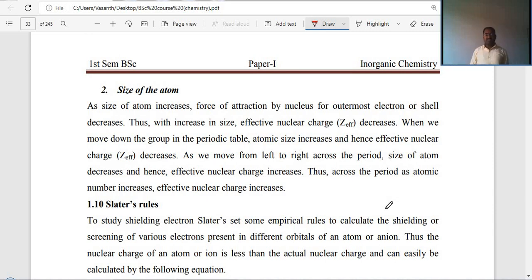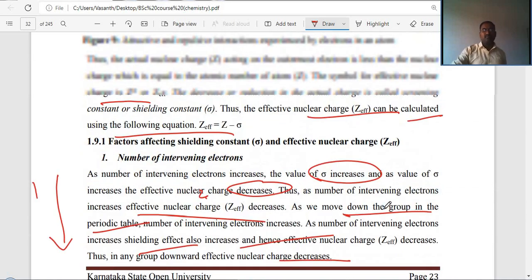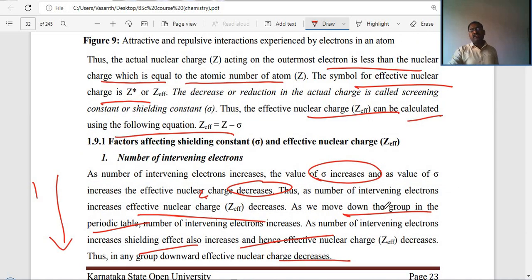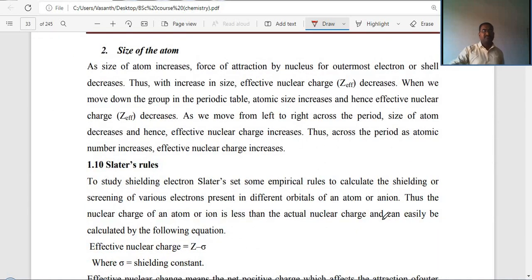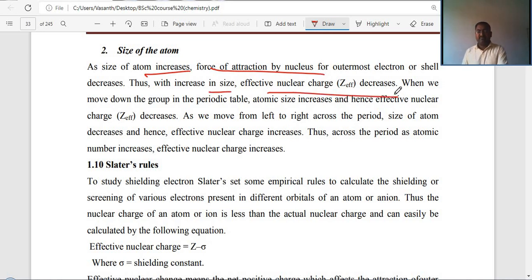What about the size of the atom? It affects the shielding constant and effective nuclear charge. As the size of the atom increases, the force of attraction by the nucleus for the outermost electrons or shell decreases. Thus, with increase in size, the effective nuclear charge decreases.